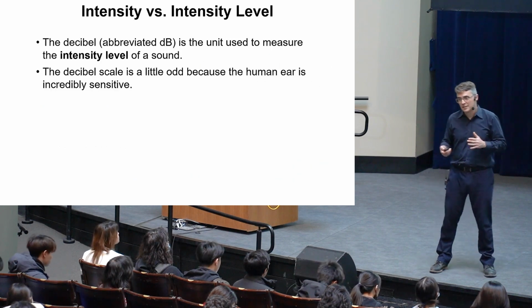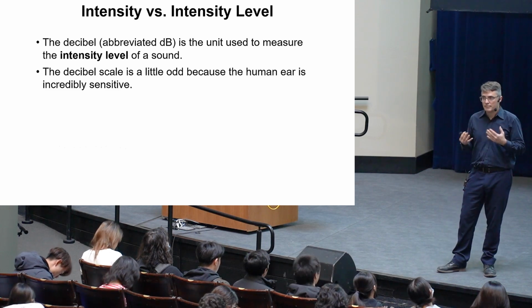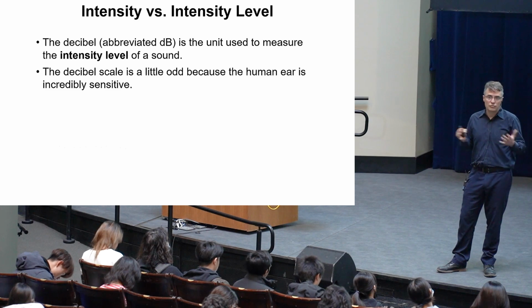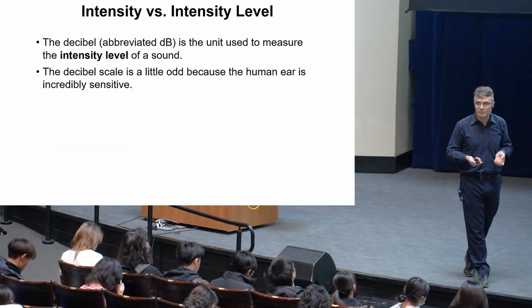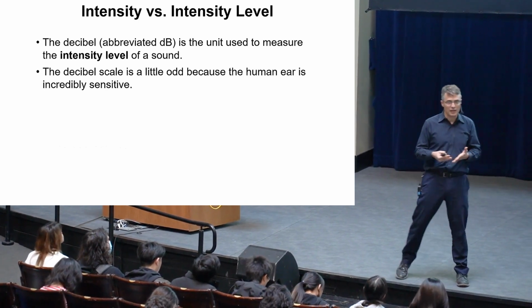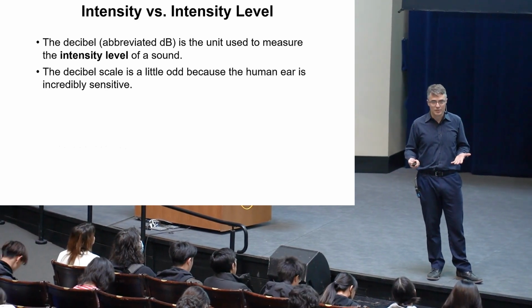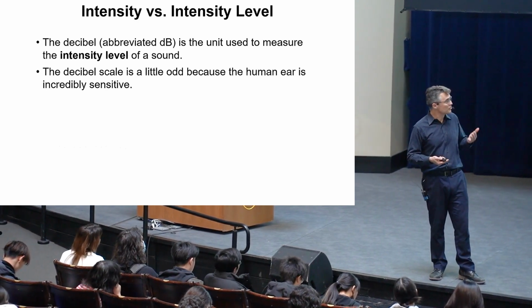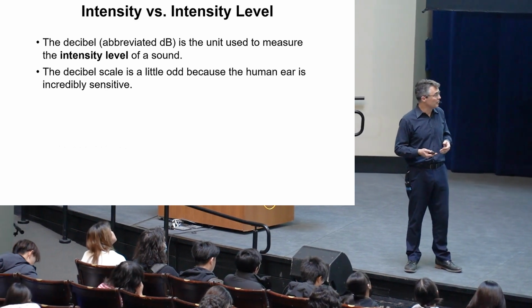So we have this thing called intensity level, which is a number that's made up to try to describe intensities. I think it's mostly for bylaws, for if you're going to try to say what's a safe level of sound intensity. People don't like using watts per meter squared because the numbers are too big, so we invented a decibel system to make the numbers a bit more manageable.